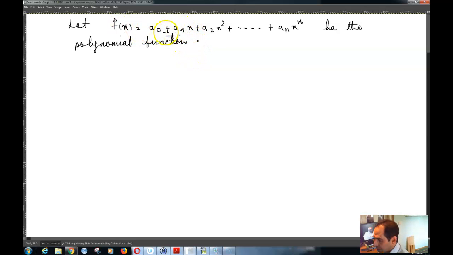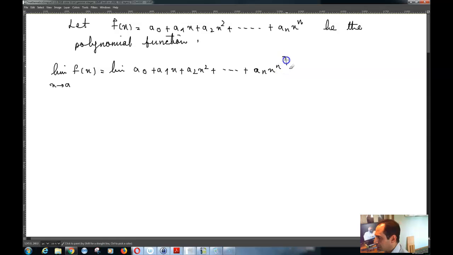So you can think of each of these terms as a function, meaning that you can write the limit of f of x as x tends to a is equal to the limit of a of 0 plus a of 1 times x plus a of 2 times x squared plus all the way up to a of n x raised to the power n as x tends to a.